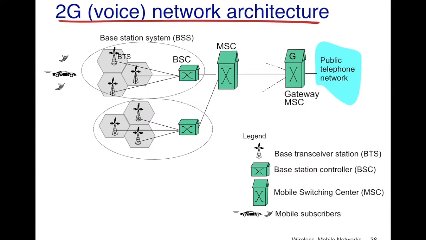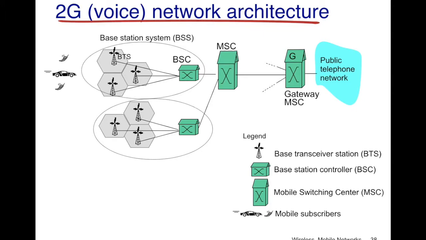Now, when the first cellular network was set up, it was primarily for voice. That is what we know as 2G. In the 2G system, the main purpose was to make calls. The way the 2G system operated was like this. There were a number of BTS, or base transceiver stations, which connected the different mobile phones.